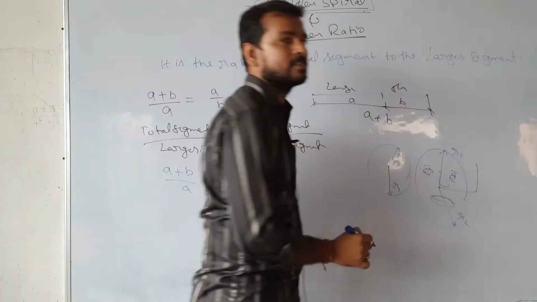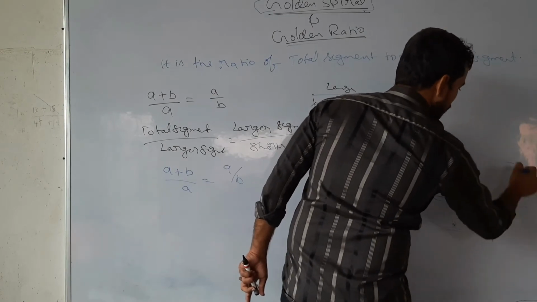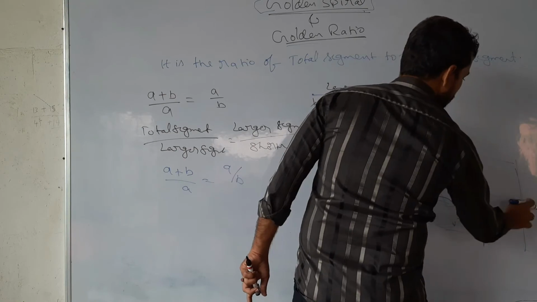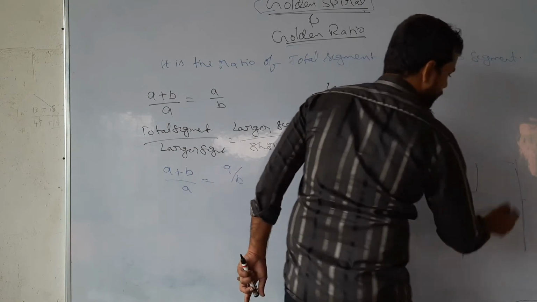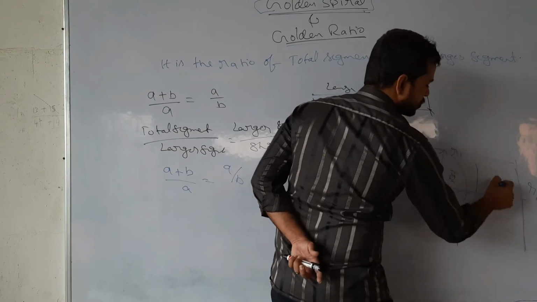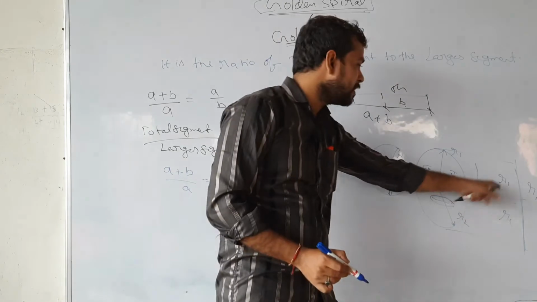There are two radiuses. If you consider lengthwise, even if there is a total segment of R1 plus R2, R1 is there, and R2 is bigger than R1. Still R2 is bigger than R1.